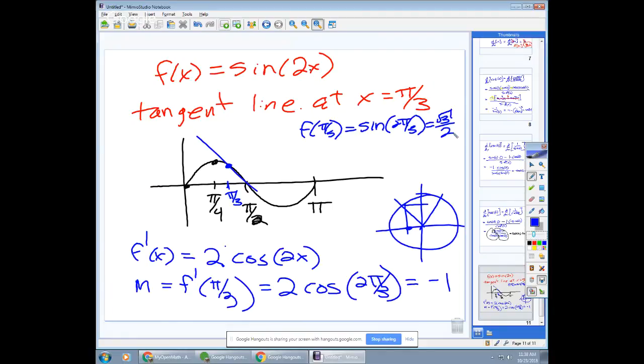So putting that all together, I think my blue tangent line would be y minus square root of 3 over 2 equals the slope, negative 1, times x minus pi over 3. Oops, I'm in trouble with minuses today. I think that's the equation of the tangent line there. Isn't the function supposed to be sine of 2x? Yep.